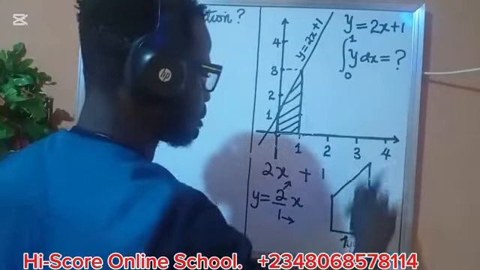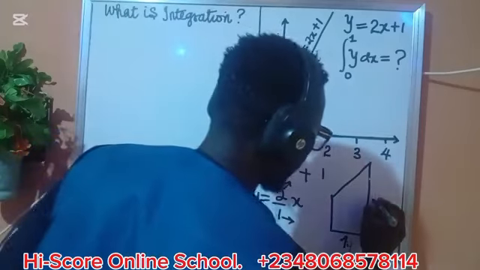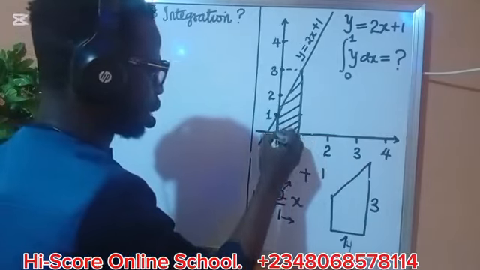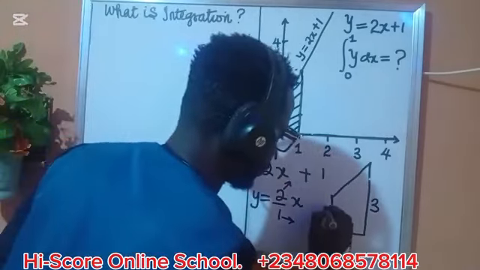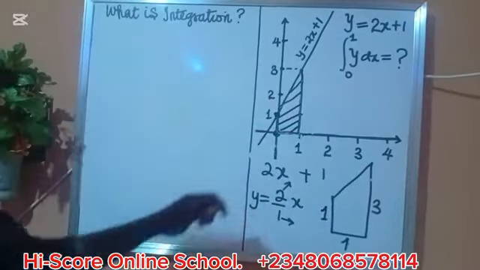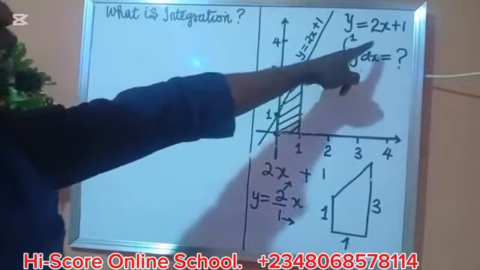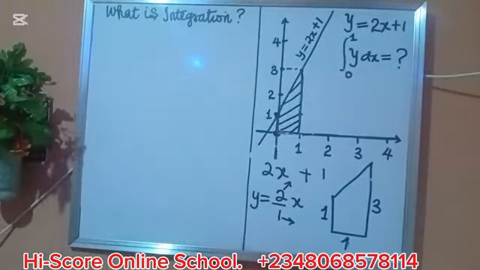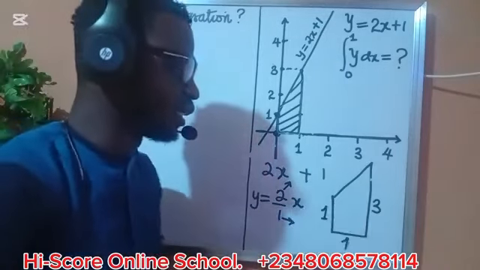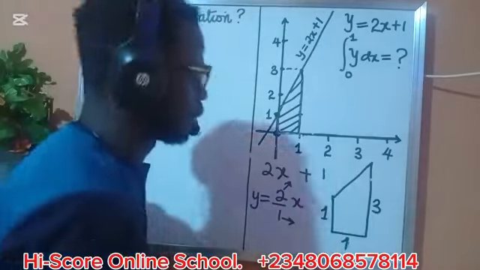That means this height, this length is 3. And of course, this point here to here is just 1. So the integral of this function between interval 0 to 1 is as good as finding the area of this trapezium.